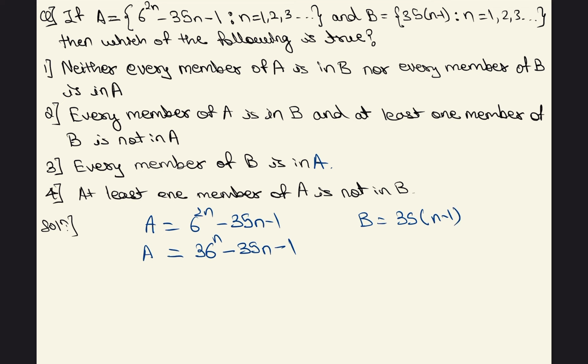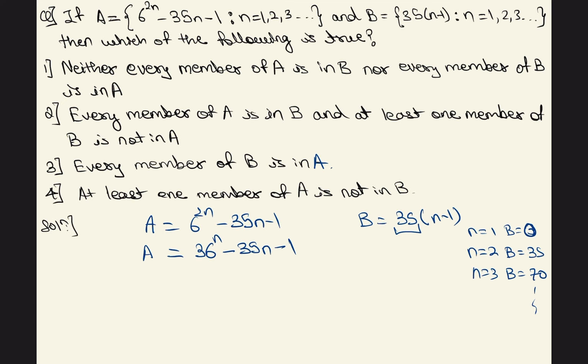Now one thing I can notice is that every member that B will have will be a multiple of 35. So if n equals 1, B will be 0, n equals 2, B will be 35, n equals 3, B will be 70 and so on. These will be the multiples of 35.